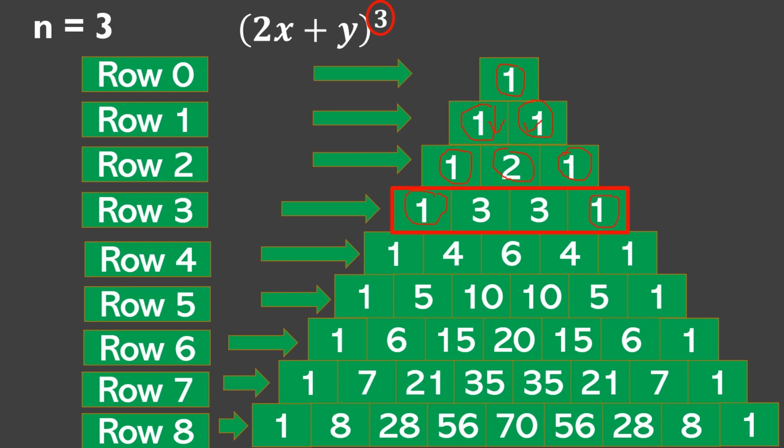Now, how do we get the middle terms? Look at the preceding terms on top. We have 1 plus 2, which gives us this 3 here. And then this same 2 plus 1 gives us this 3 here. So we just stop here because the coefficients we're interested in are where n is 3, n being the power 3, and we are using row 3. So we have 1, 3, 3, 1 as the coefficients.